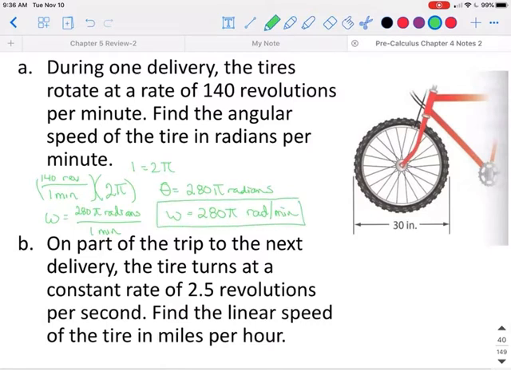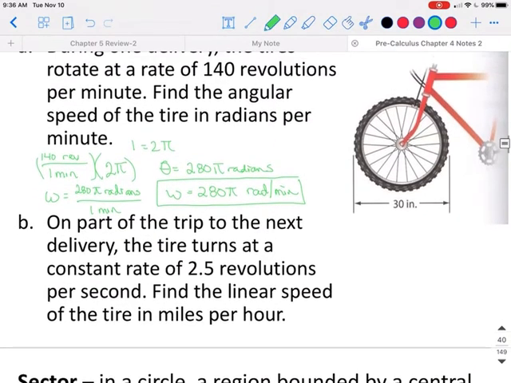One part of the trip to the next delivery, the tire turns at a constant rate of 2.5 revolutions per second. Find the linear speed of the tire in miles per hour. If we look at the tire, we know that the diameter of the tire is 30, so the radius would be 15 inches.